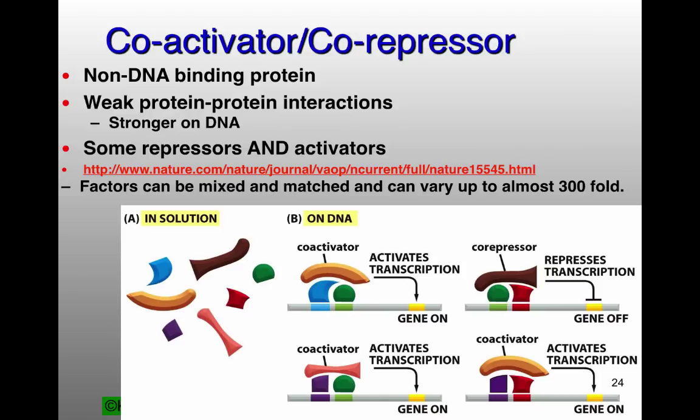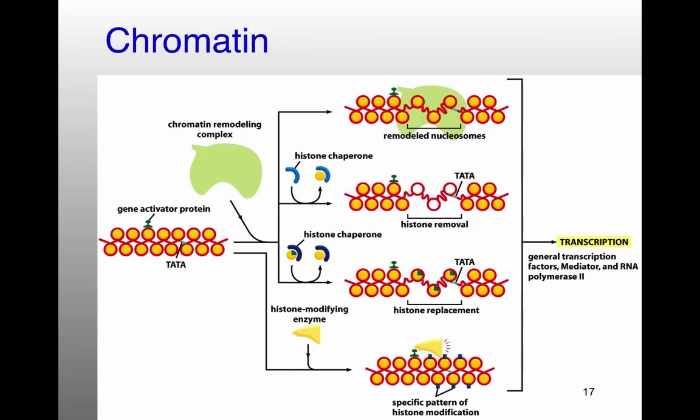And these will change whatever is happening to the promoter complex. A lot of these co-regulators, so coactivators or co-repressors, are going to be involved in changing the state of the chromatin, which is near the promoter or near where those first DNA binding proteins are associated with the DNA.